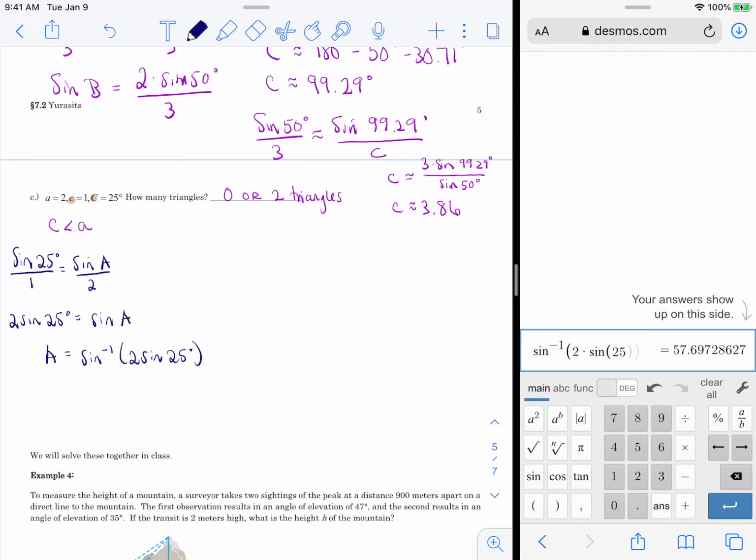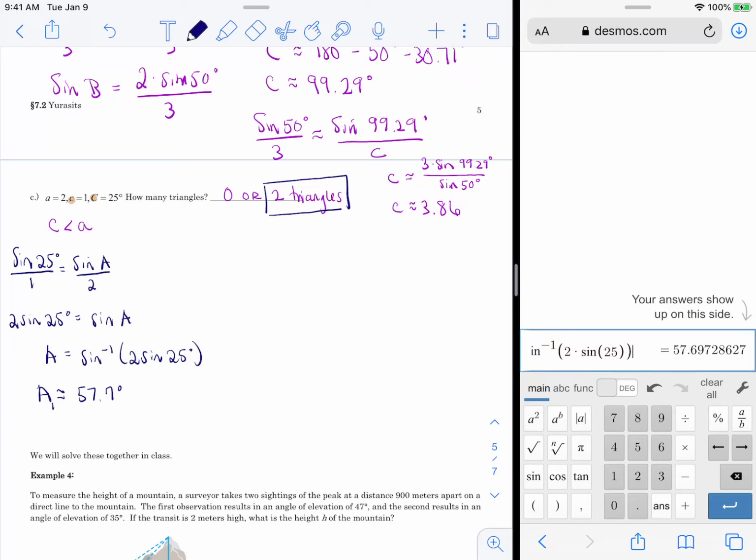And what do you know? We have an answer. So what this is telling you is 57.7 degrees. That means this is 2 triangles since you got a value. So that actually becomes A sub 1.